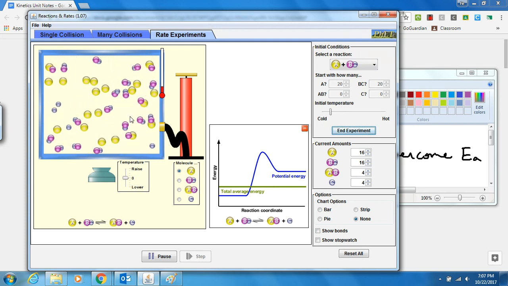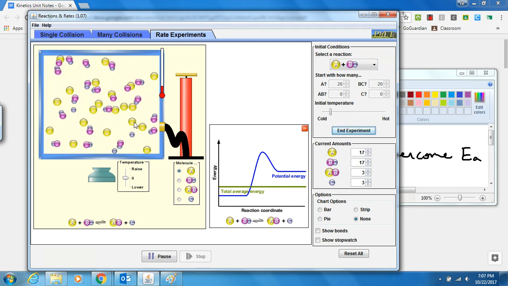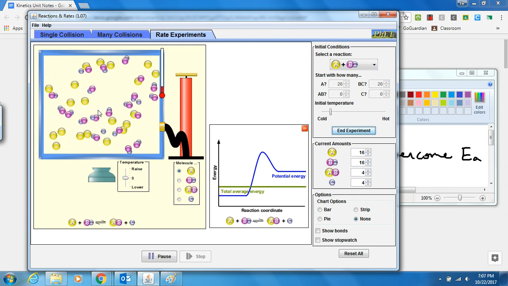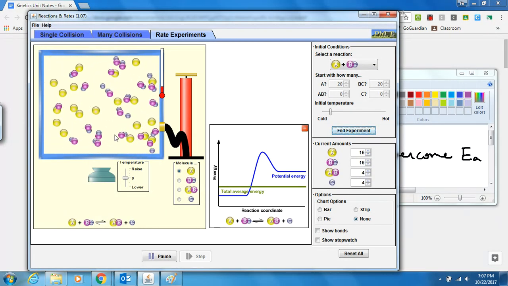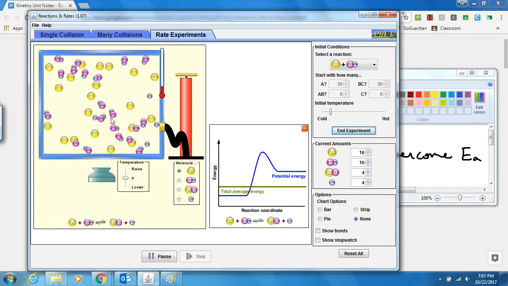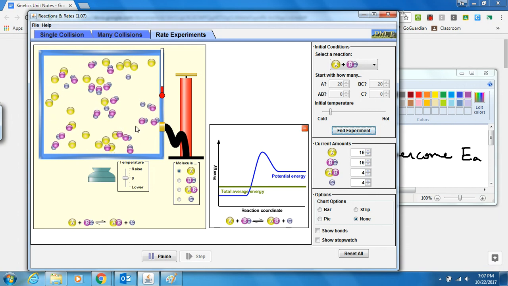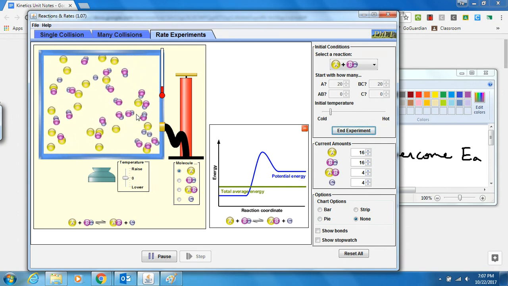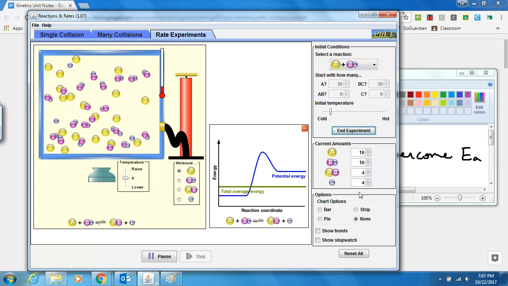When we did our second experiment, we increased our concentration. So what effect does that have on our rate? Well, if we increase our concentration, we increase the probability that there are effective collisions here. And if we increase the number of effective collisions, then we increase the rate. So the rate of the reaction happens a lot faster.